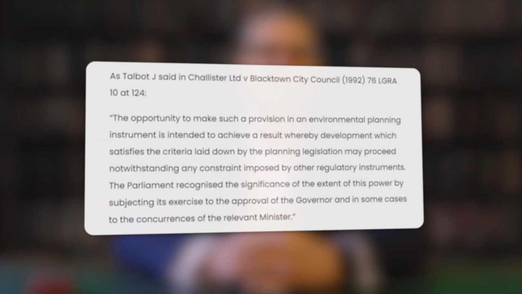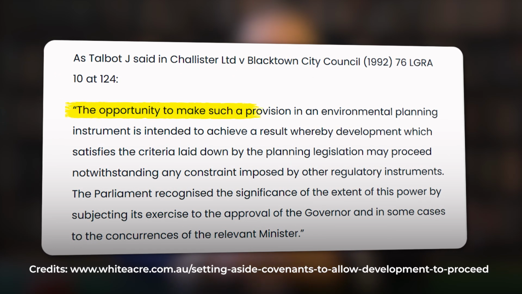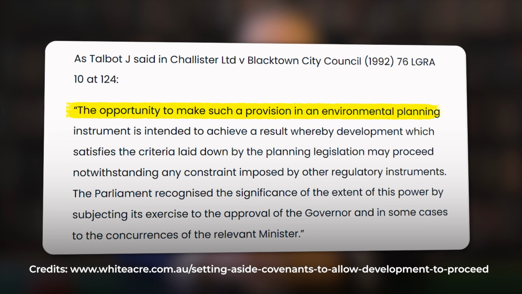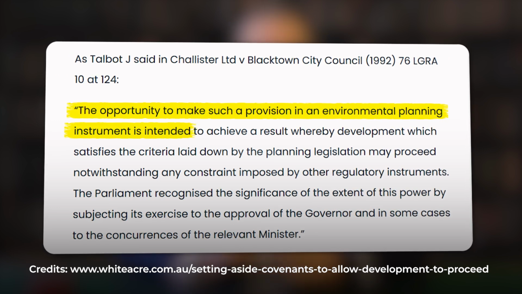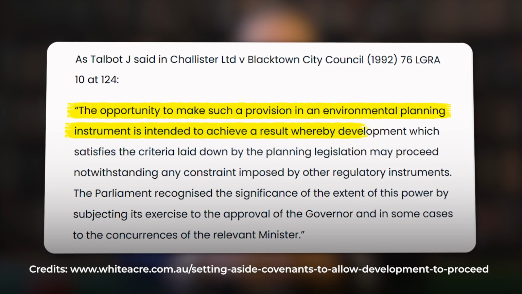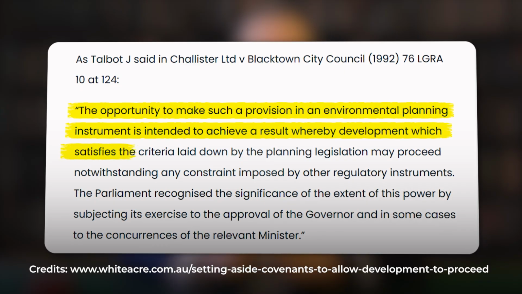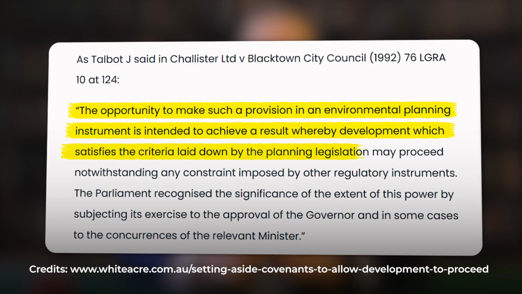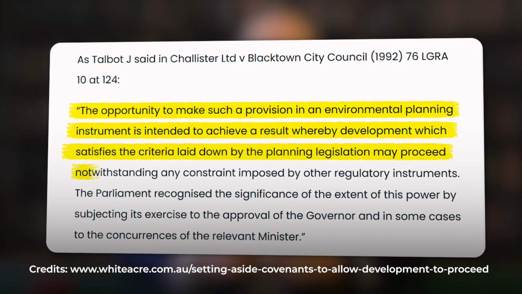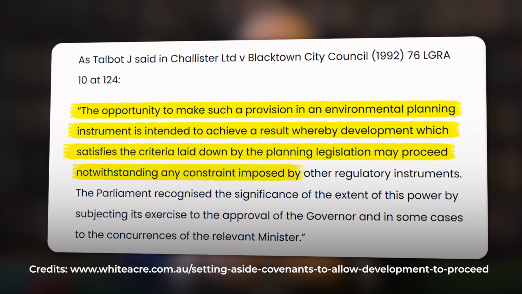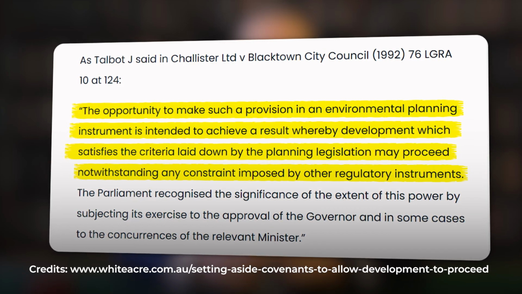Well, Justice Talbot in Challister and Blacktown City Council, it's a 1992 decision, said the opportunity to make such a provision in an environmental planning instrument is intended to achieve a result whereby development which satisfies the criteria laid down by the planning legislation may proceed, notwithstanding any constraint imposed by other regulatory instruments.